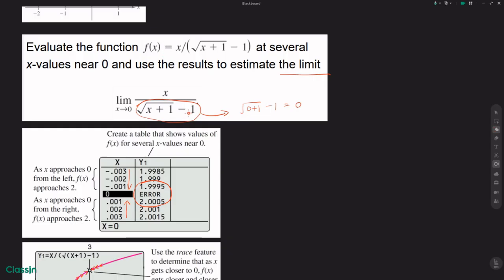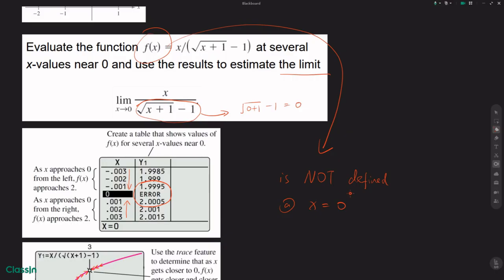The function f of x is not defined at the number of x that we want it to approach.